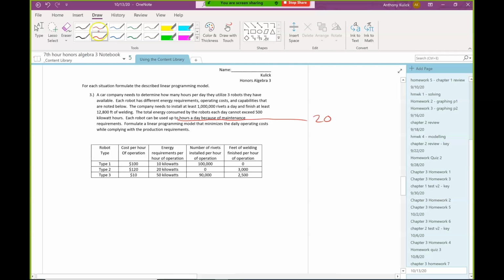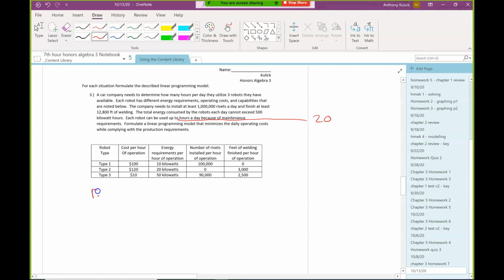So the first thing we'd want to do is to identify the variables in this problem. What are the quantities that we would need to solve for in order to answer this question? Maya. Very good.